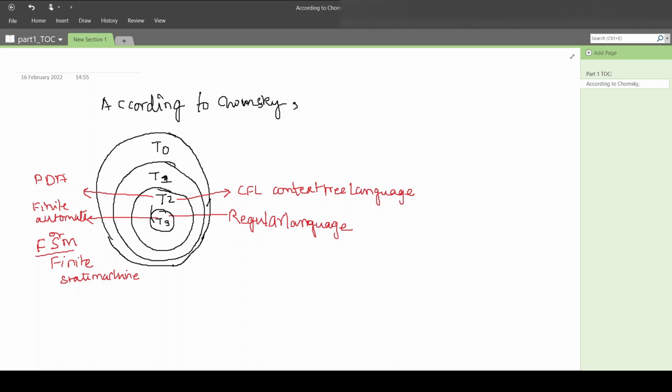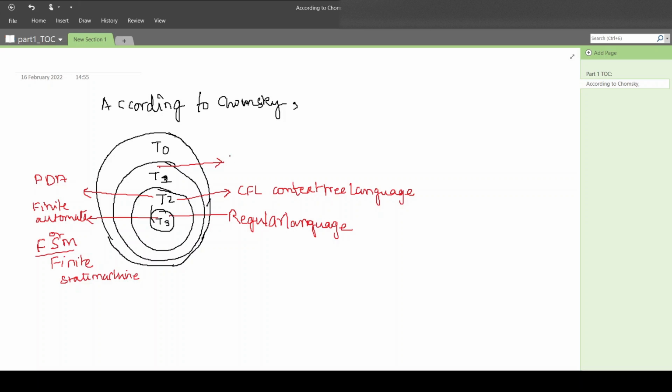What is PDA? PDA is a finite automata with one stack. Some of the languages which are not found in regular languages can be formed in pushdown automata. We'll discuss this later.